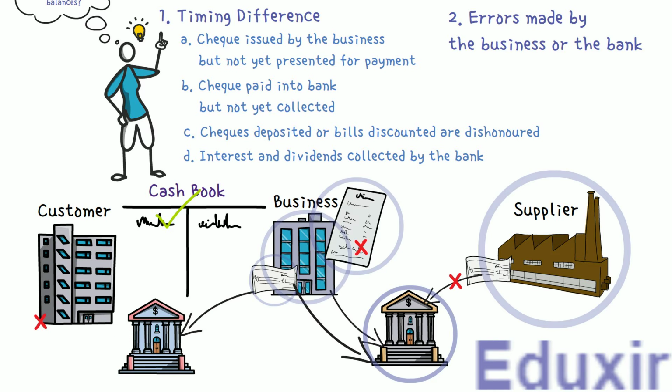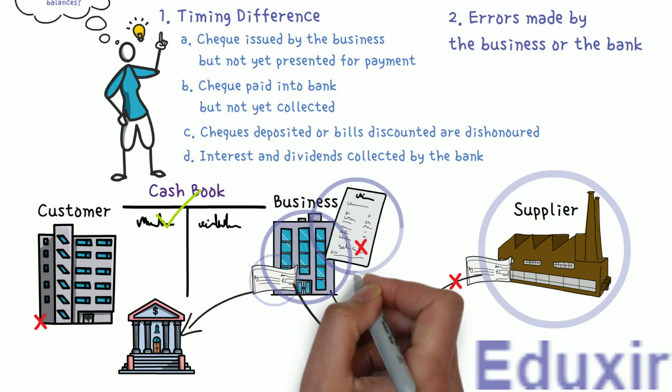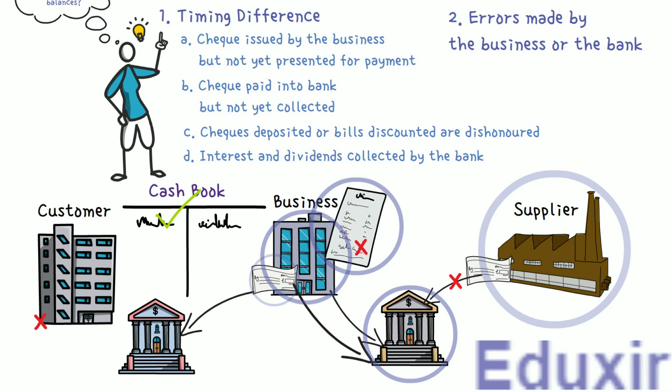In other words, this means that the interest or dividends are collected by the bank on behalf of our business. But the business will not know about these transactions until the bank statement is received. So, there will be difference in the cash book and the passbook balances. There are other reasons also, but to limit the scope of these differences to this problem, let us consider only these 4 reasons for timing difference.